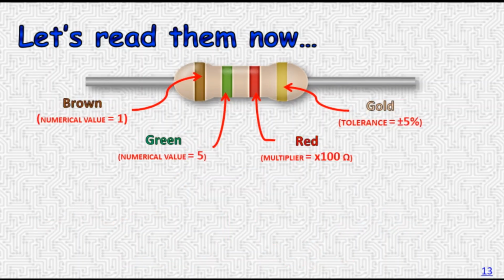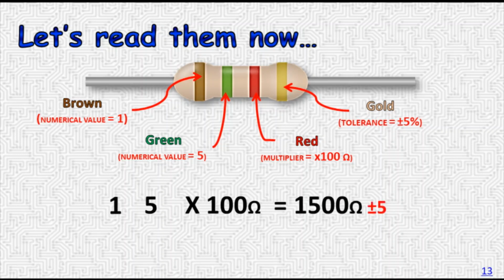Now, let's try to understand kung paano ba siya babasahin bilang code, no? Bilang equivalent value. 1 for brown, 5 for green, times 100 ohms for red is equivalent to 1,500 ohms positive, negative 5% ng value ng tolerance ng gold. Okay?